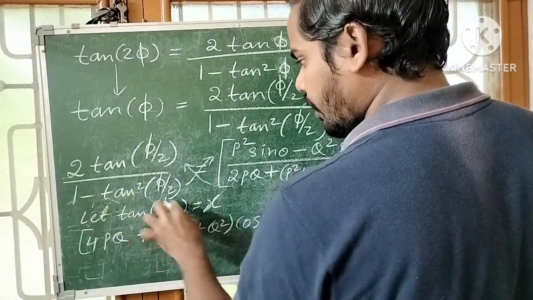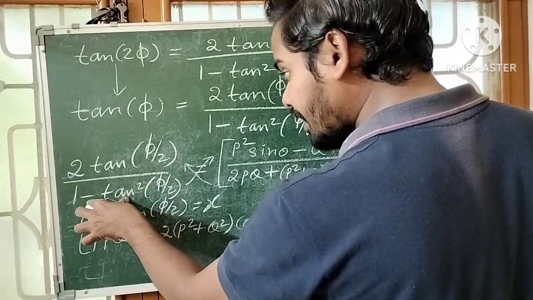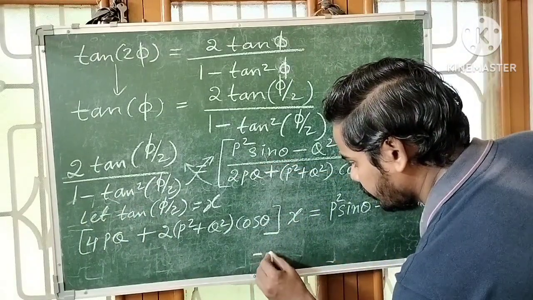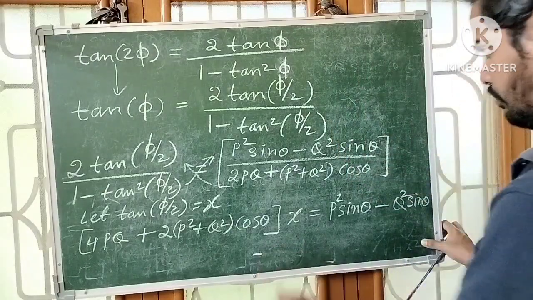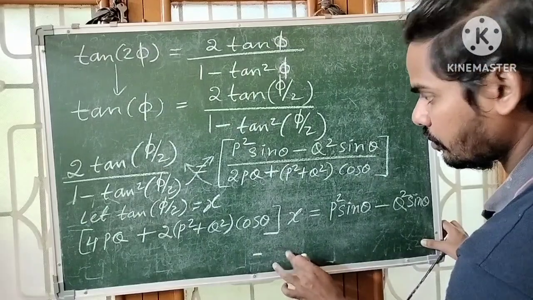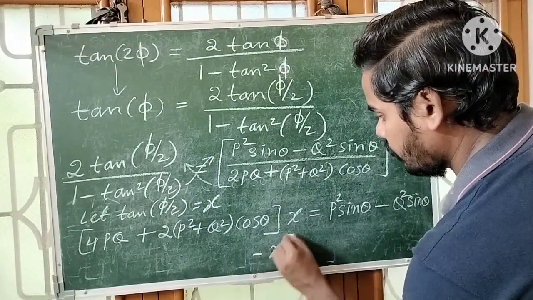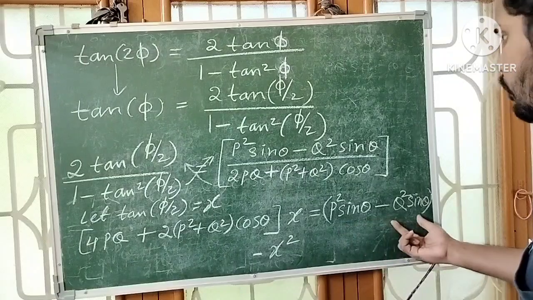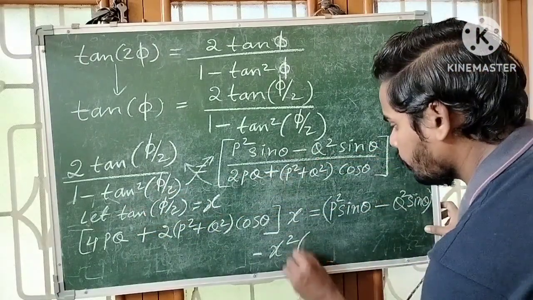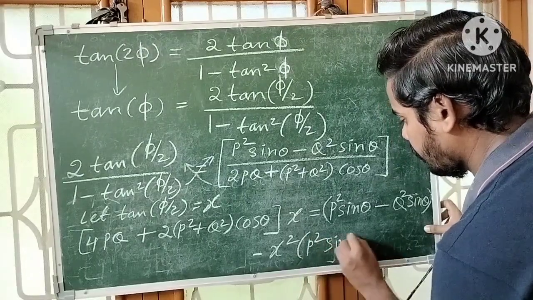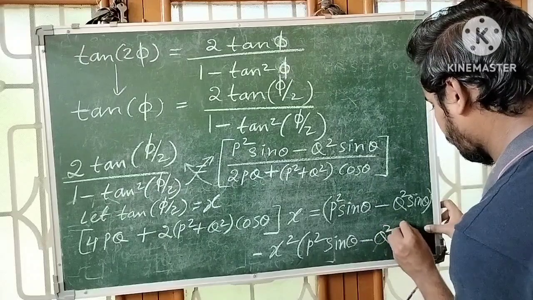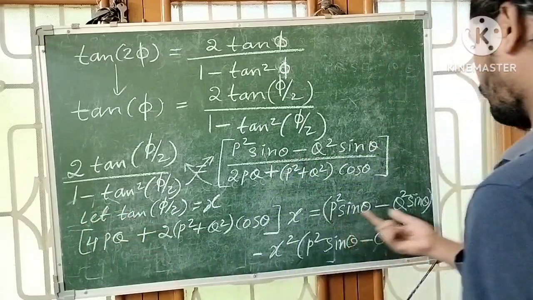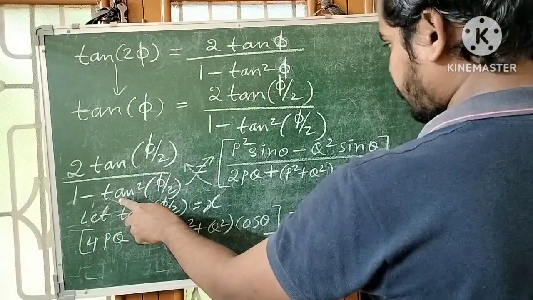Now distribute minus x square: minus x square into p square sin theta minus q square sin theta. So it is p square sin theta minus q square sin theta, minus x square into this expression.